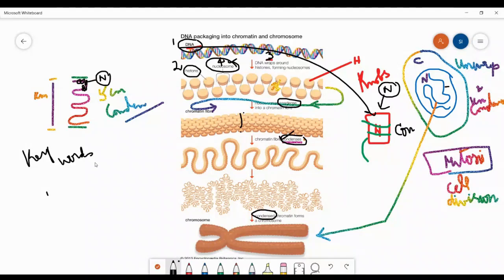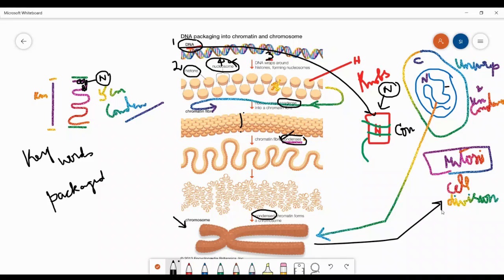So there's a high degree of condensation going on here, and that all results in what is called packaging. Genetic material is being packaged to form chromosomes, preparing it for the process of cell division.